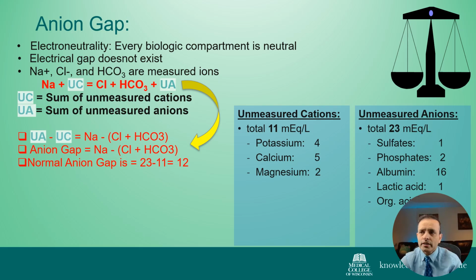There are 23 total unmeasured anions, and then there are 11 unmeasured cations. That gap is between those unmeasured anions and cations, and the way you find it out is by subtracting the sum of chloride and bicarbonate from sodium. That is going to give you the anion gap. Remember, normal anion gap is 12 when you are doing any math.